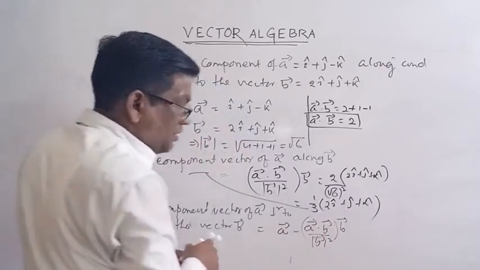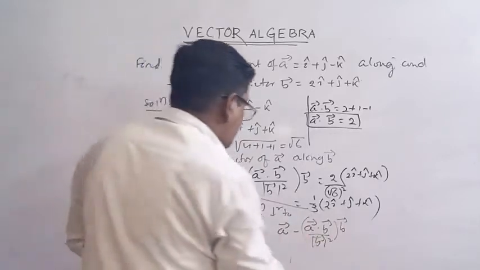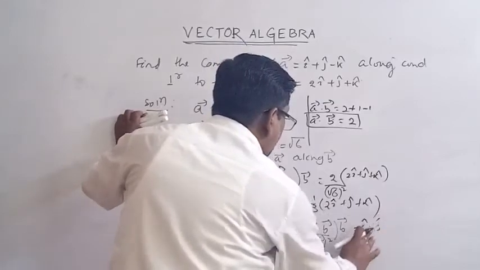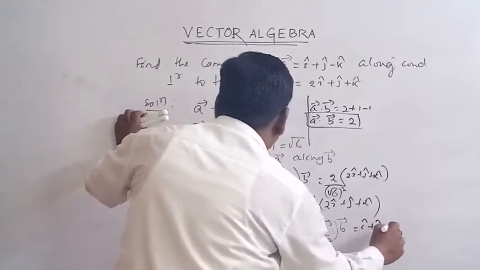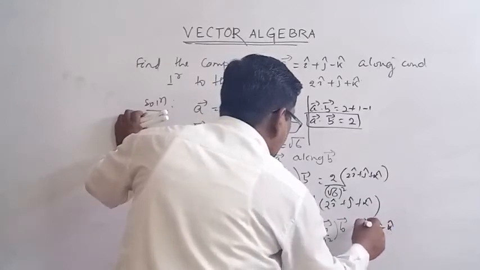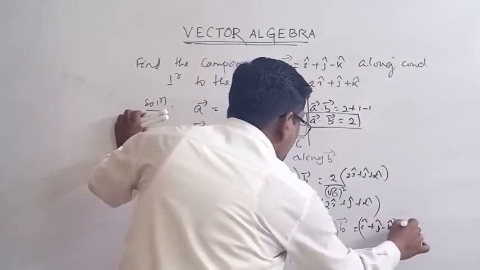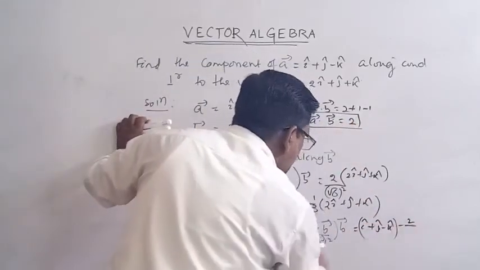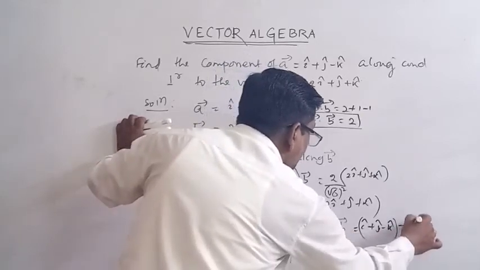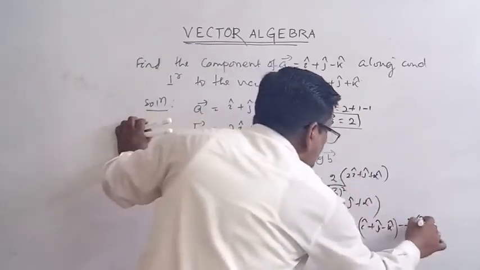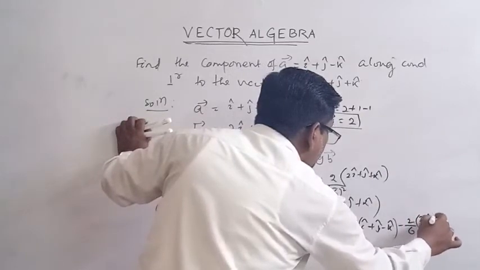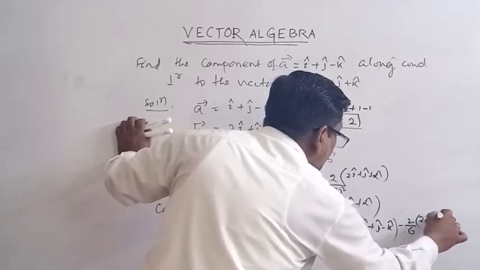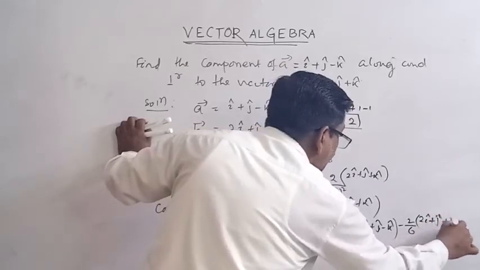A vector is i cap plus j cap minus k cap, minus A dot B, that is 2 by root 6 square, that is 2 by 6, into vector B, that is 2i plus j plus k.